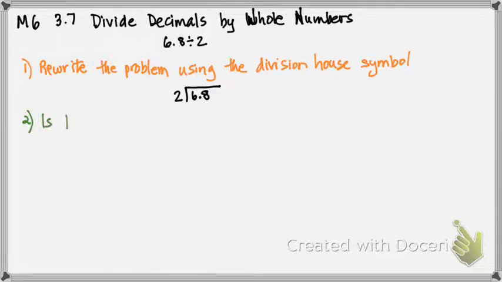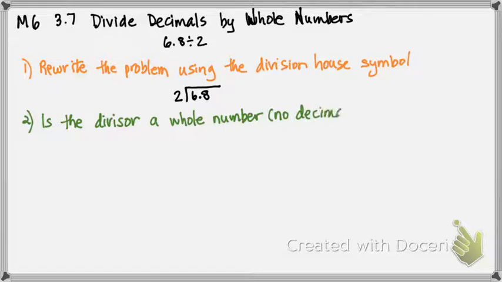Number 2, is the divisor, oops, I say oops a lot because I make mistakes a lot. Oops. Is the divisor a whole number? That means no decimal. You don't see a decimal in your divisor, okay? And the dividend can have anything it wants in it.